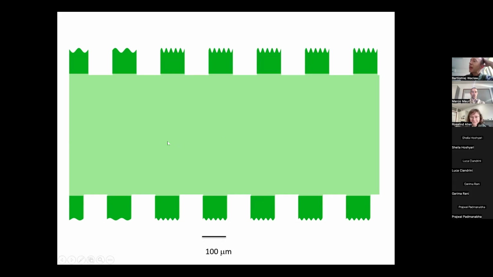If there is any growth happening in the main channel, that's not good, because it can use up the medium and cause problems to the biofilms in the side pockets. So what we do is we flush this channel periodically with a very strong flow rate, and this eliminates anything that could attach to the main channel and grow here. So we only end up with bacterial biofilms growing in these little wells on the sides.